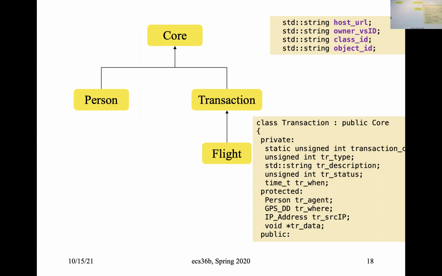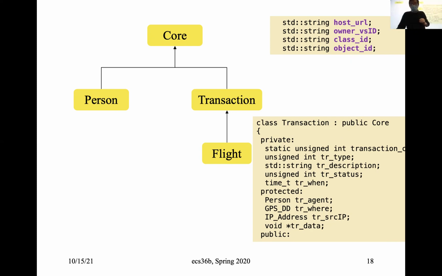Now I extend it a little bit for homework assignment number 3. You have a core, a person, a transaction, a fly, as I talked about last time. The class hierarchy looks like this, and that's the definition over here.